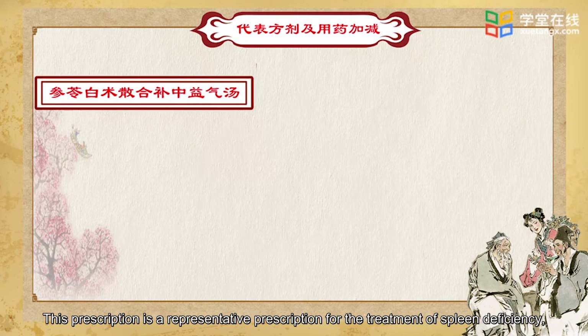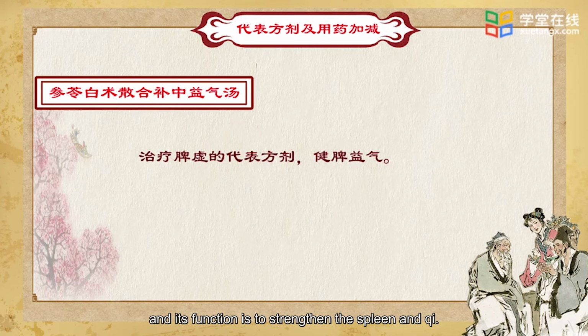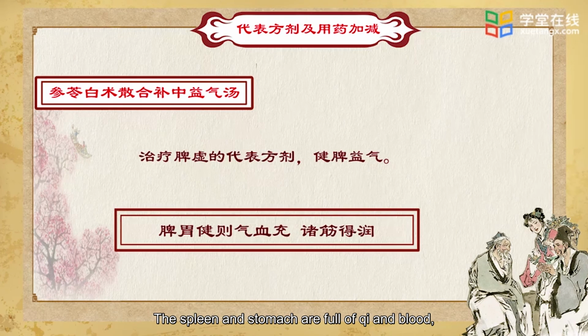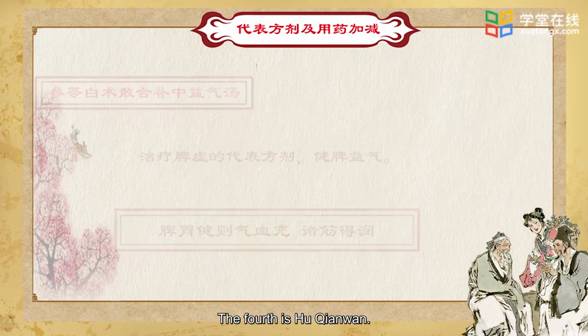These prescriptions are representative prescriptions for treatment of spleen deficiency, and their function is to strengthen the spleen and qi. The spleen and stomach are full of qi and blood, and the tendons are moisturized. The fourth is 虎潜丸.